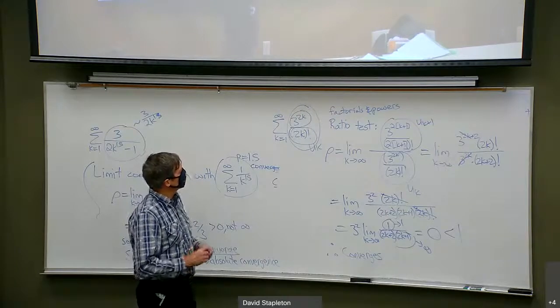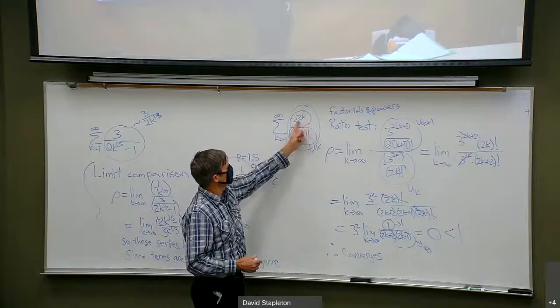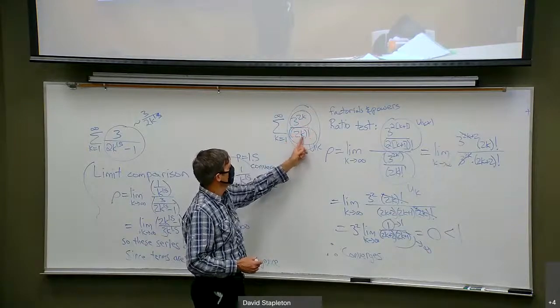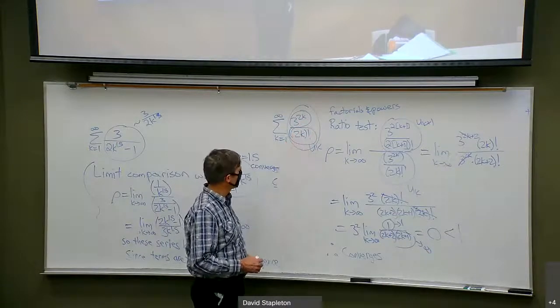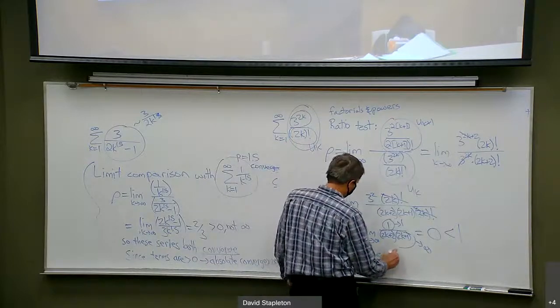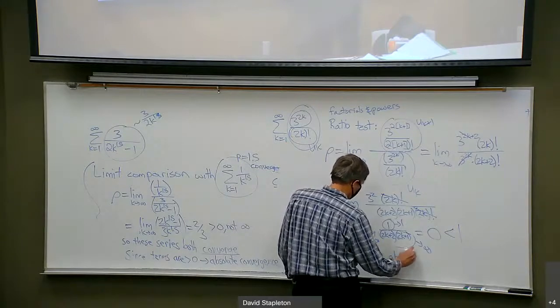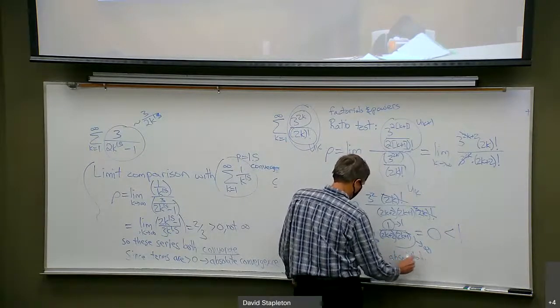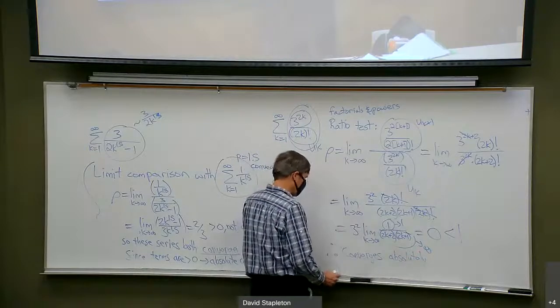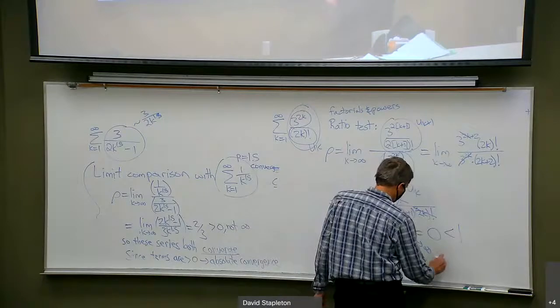Once again, if you think about it, these are all positive terms, right? 3 to the power is always positive, and the factorial is always positive. Since the terms are always positive, it converges. Absolute convergence is equivalent to convergence. It converges absolutely. So it converges and absolutely since terms are positive already.